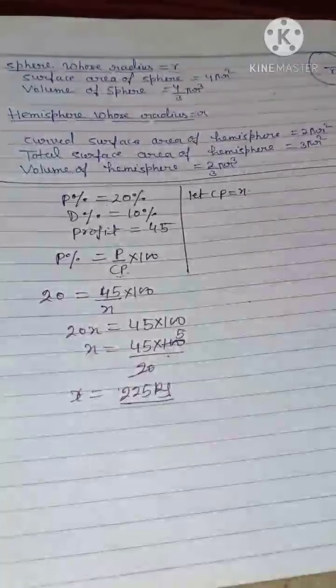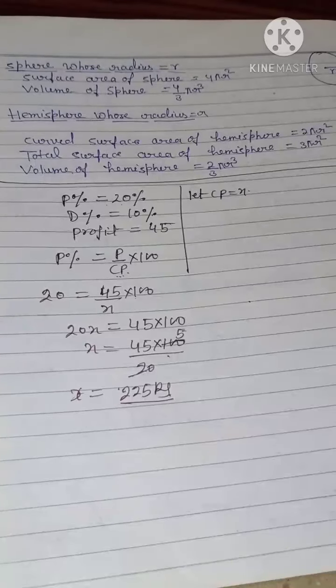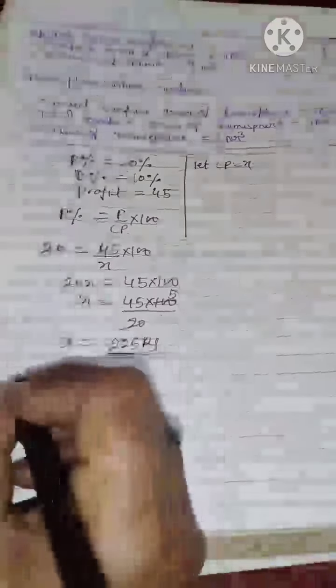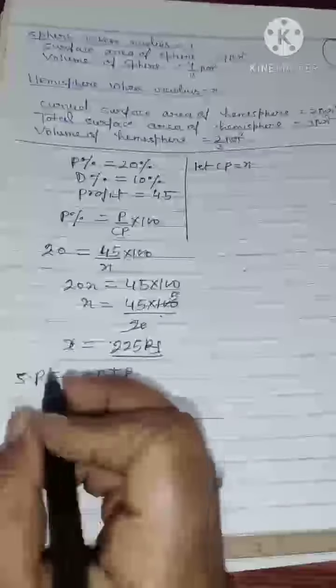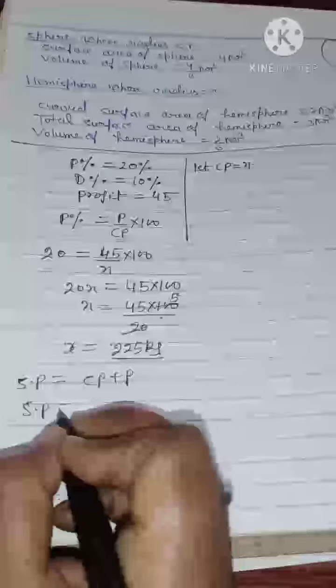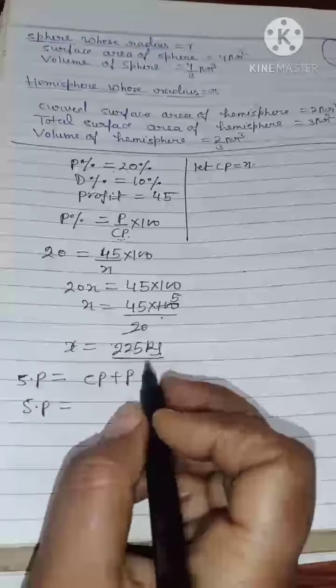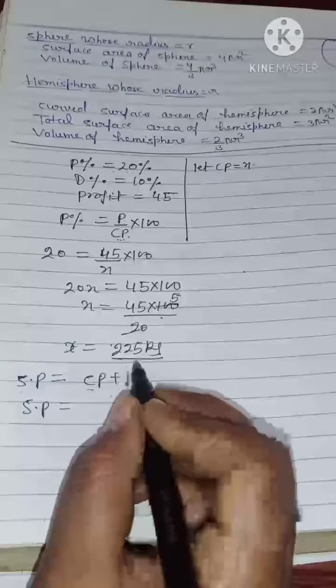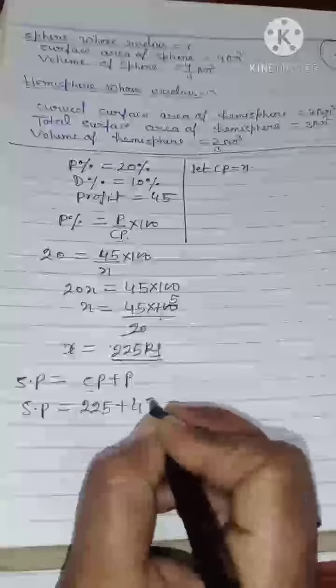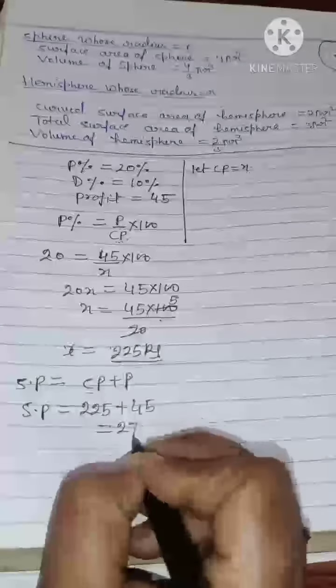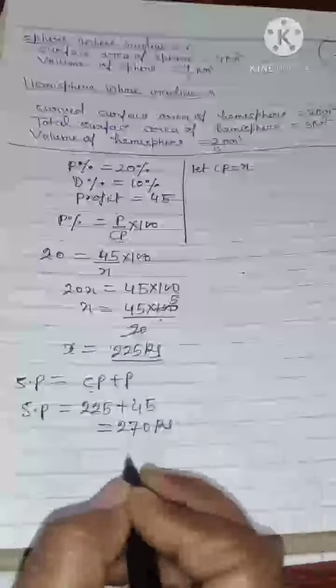Now you know the selling price, in the previous chapter you have learned that selling price is equal to CP plus profit, है ना? So selling price is equal to CP, how much, beta? Cost price you have just calculated, 225 plus 45. So how much will it come, beta? 270 rupees. Now you have to find the marked price.